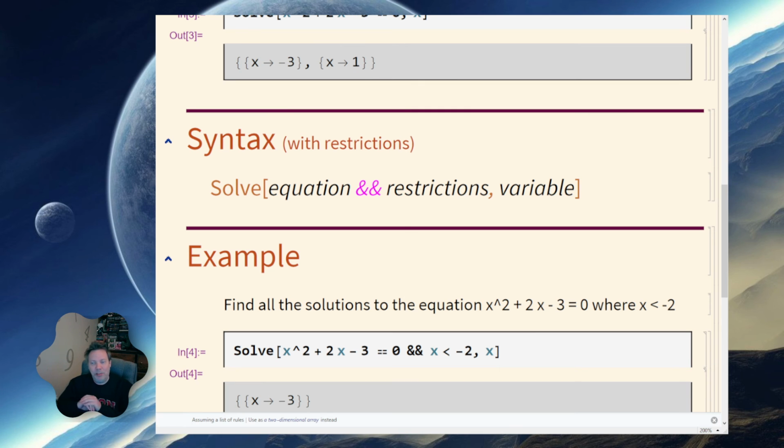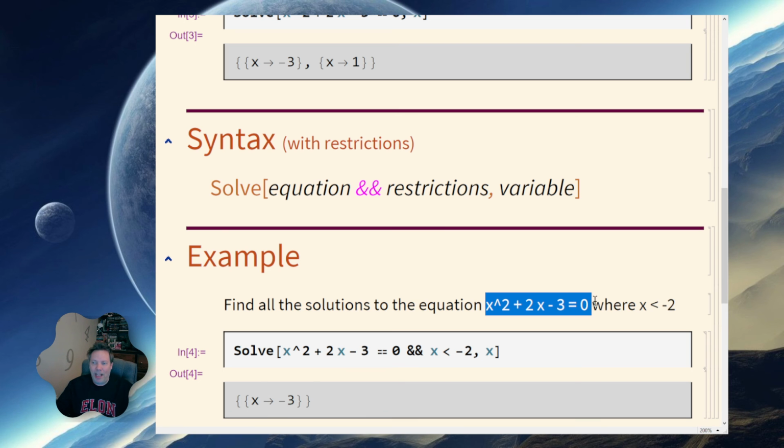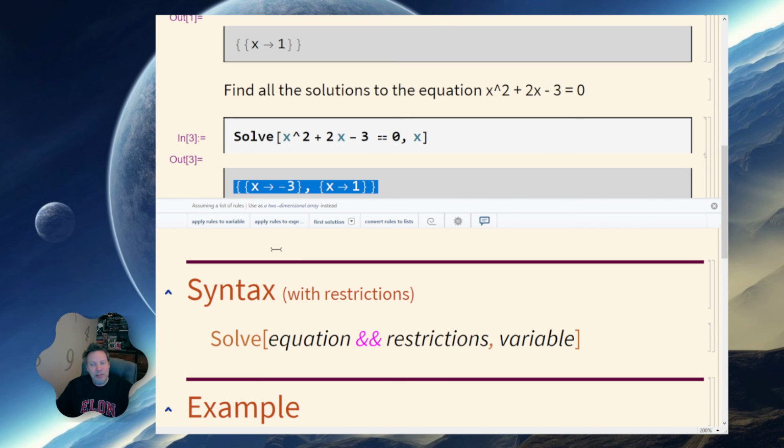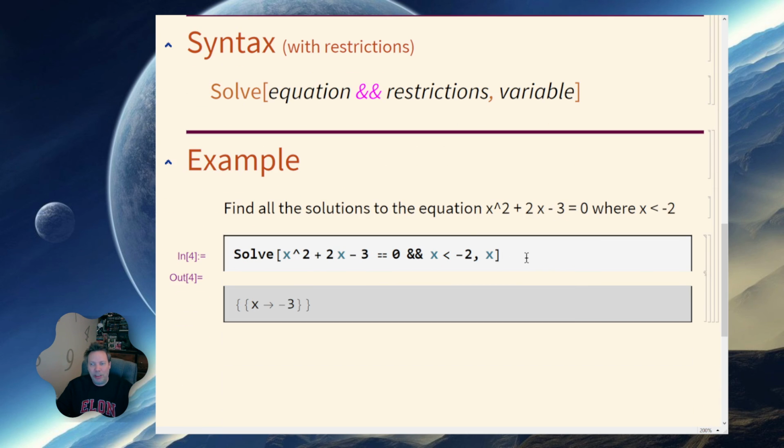And if I restrict that, I get x equals -3. Now, this is the same exact function that I had up in the example over here. And you saw that without the restriction, I wind up getting two solutions. But when I put the restriction in, it eliminates one of the solutions. It eliminates the x equals 1 solution.